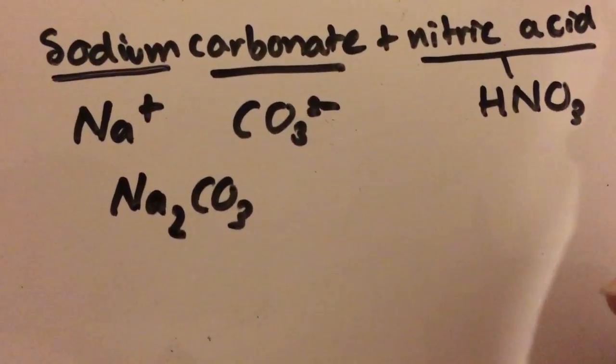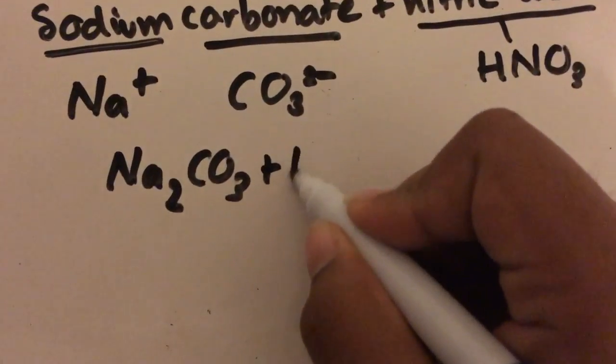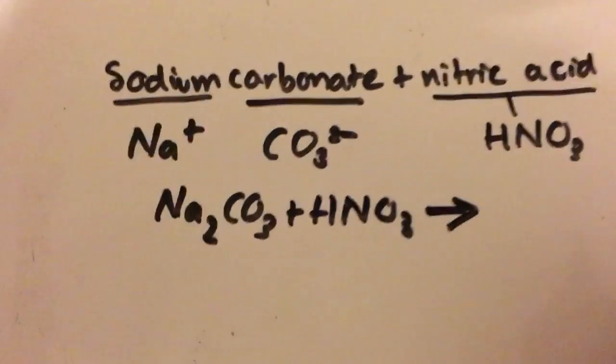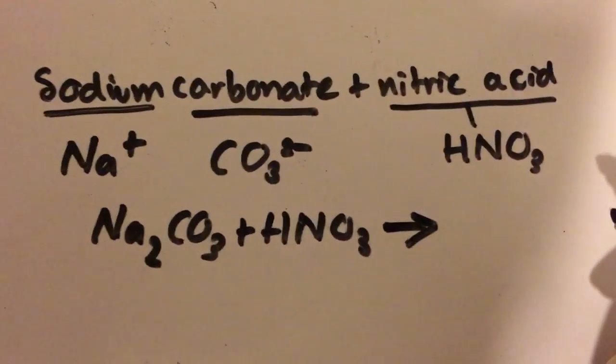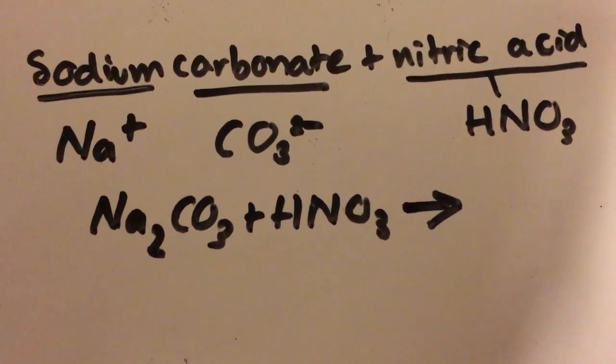Okay, so now we can begin writing our equation. We've got Na2CO3 plus HNO3. Okay, so now it's best to look at what we have again.